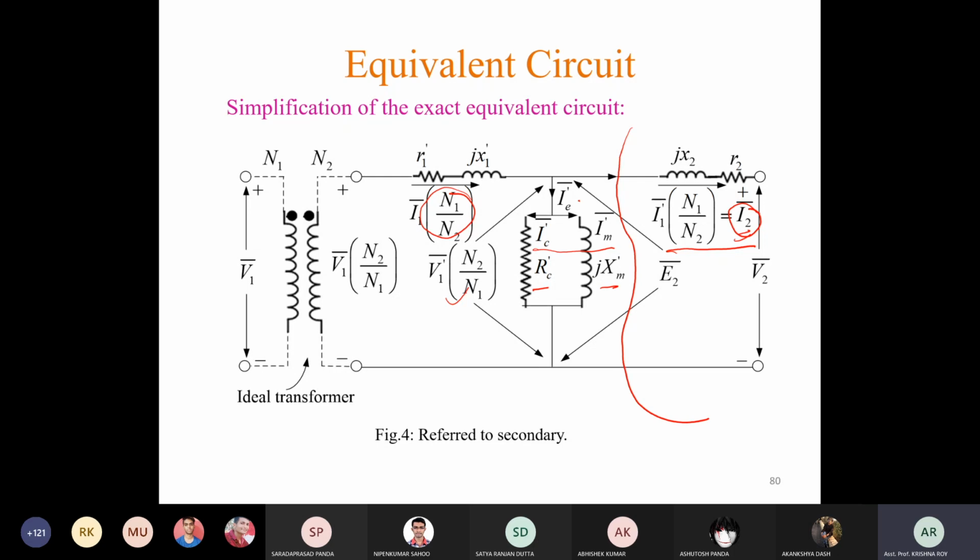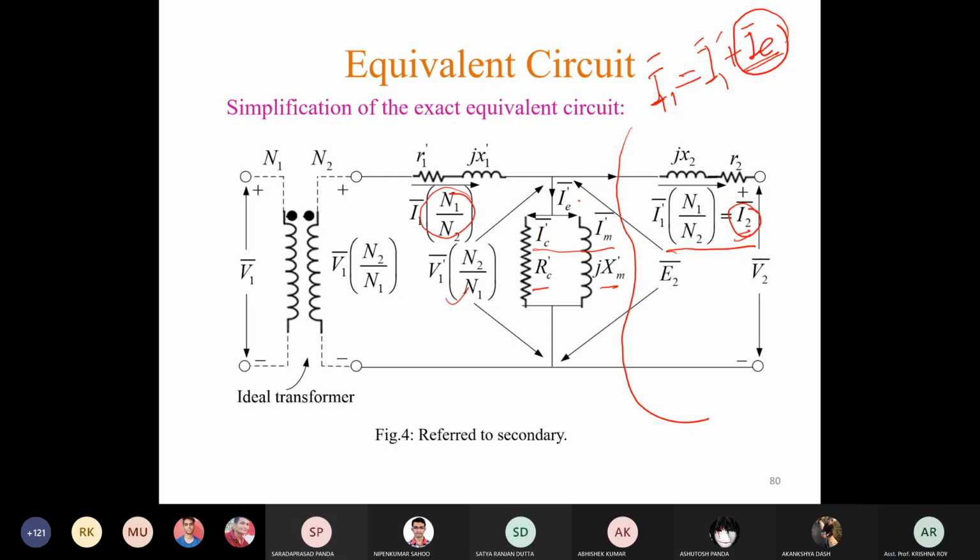First of all, why are we transferring these parameters to the secondary side? The simple answer is these parameters are primary side parameters, isn't it? Now the question arises, why are these considered primary side parameters? Recall the primary current I1. It has two components. One is the load component of primary current I1 dash, another is the exciting current IE. So IE is a primary current, isn't it? Yes, sir.